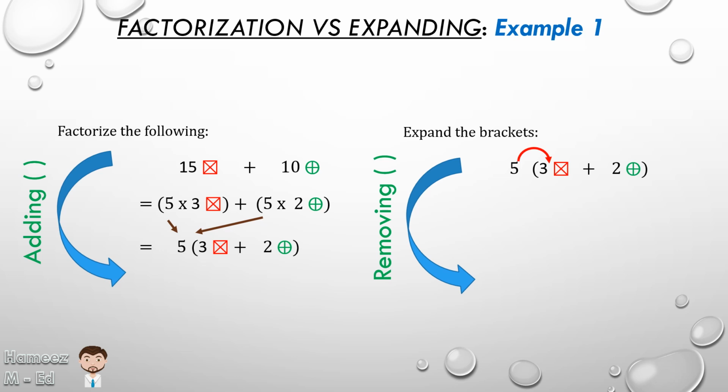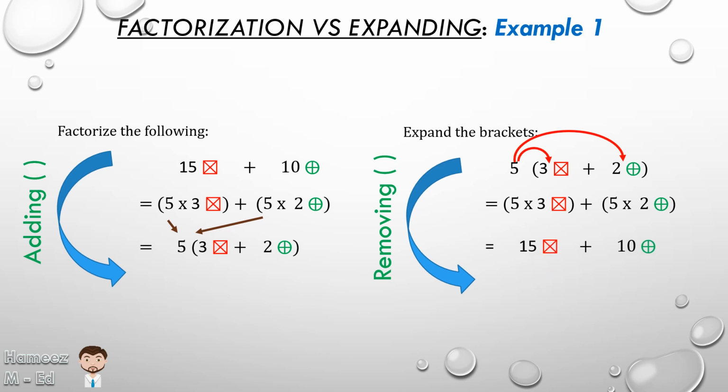And we draw a second arrow because there's a second term in the bracket, so it's 5 times 2 circles. If there was a third term, then we would draw a third arrow. That will give us 5 times 3 squares and 5 times 2 circles, and we can solve it now. 5 times 3 is equal to 15 squares and 5 times 2 is equal to 10 circles.